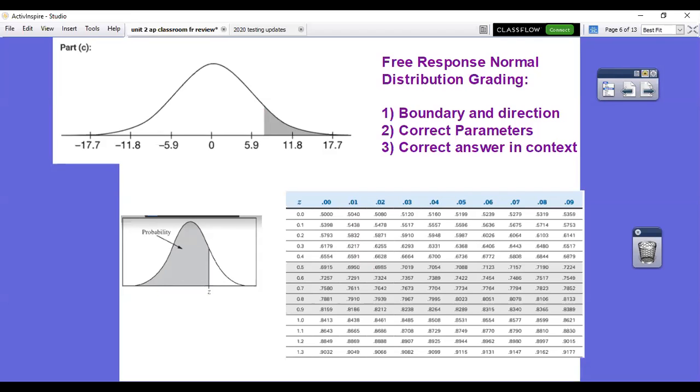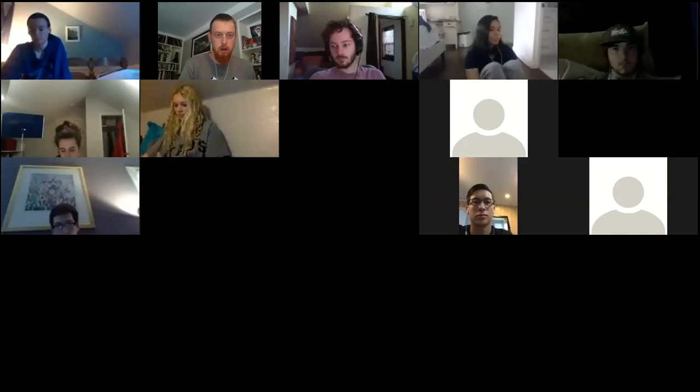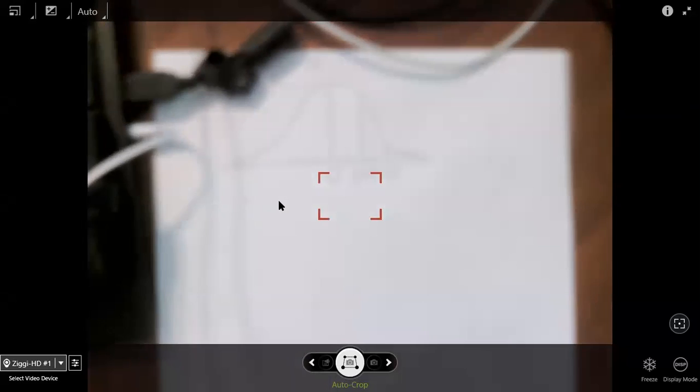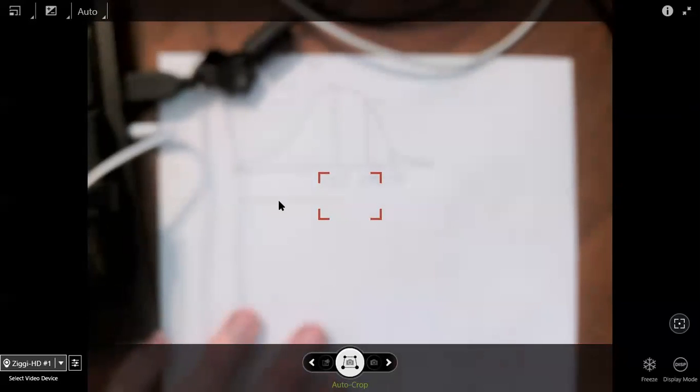So day of test, you're trying to answer as much as you can in the speediest time possible. So if you want to save yourself a little bit of time and not necessarily go all 3 standard deviations above and all 3 standard deviations below, come on, document camera, you can do it.